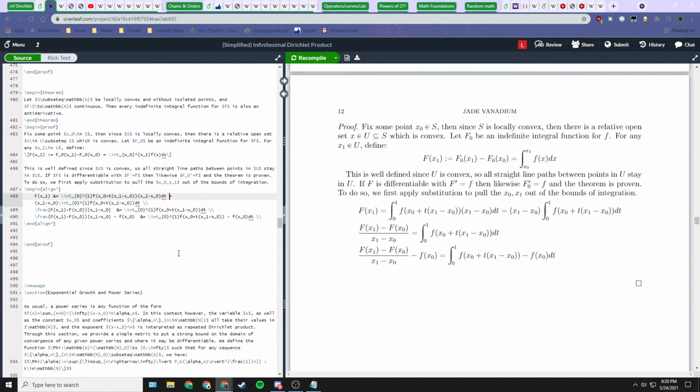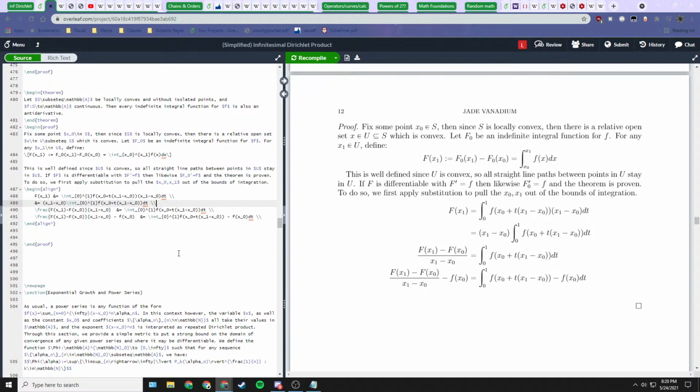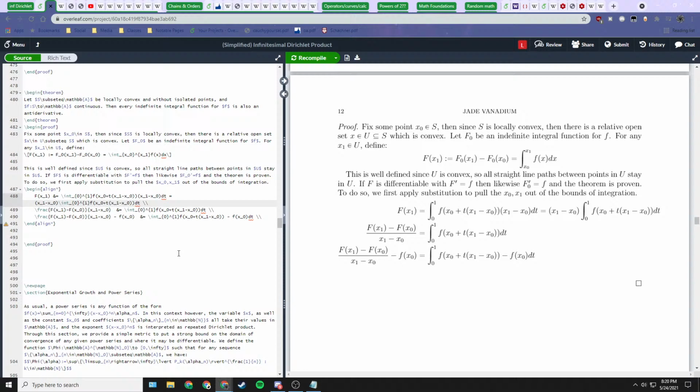That one, and that one. Okay, I think that's probably better. Okay, so you have this, and we're saying this is this integral minus F of x0. That's too long, I guess I have to do it the other way.